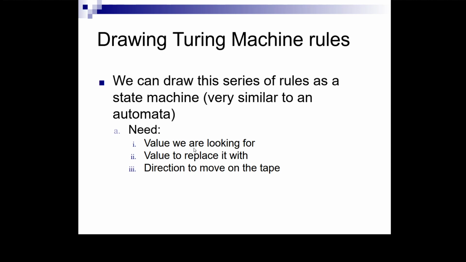In this version of the automata, we actually need three things. In the old version, we just needed a letter, and where do we go with that letter? Now we need the letter or the value we're looking for. We're going to replace that value in memory with a new piece of data. It might be the same one, but we're replacing it. And then we move to the right or left in our memory, in our infinite piece of tape.